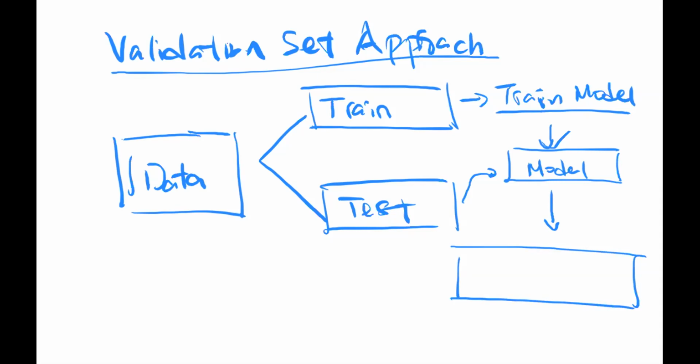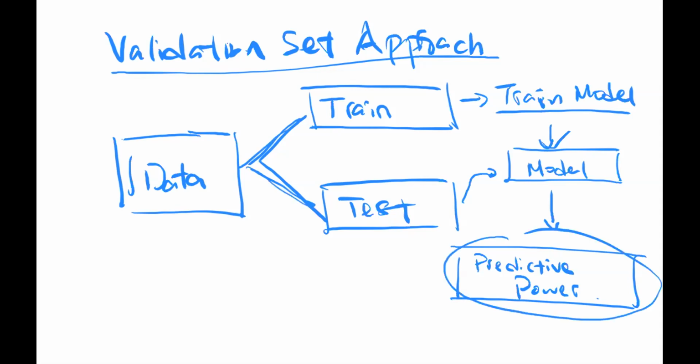So the predictive power. It's as simple as that. So we want to use the validation set approach. Since we already separate the data into a training set and a testing set, we can easily take this approach and evaluate the predictive power of each model when they face unknown data.